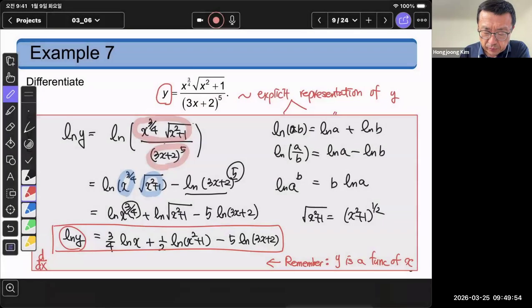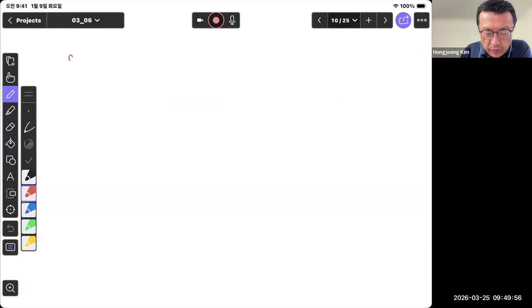So when I differentiate ln y with respect to x, you need to consider the chain rule. You need to differentiate the outer function, the ln function, which gives you 1 over x.